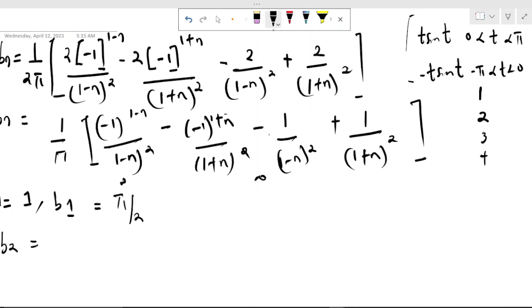Let's do that quickly. We have 1 over pi times minus 1. When we plug 2 here, we have minus 1 raised to power minus 1. Okay, so I'll just do this quickly on my calculator and get my final answer.